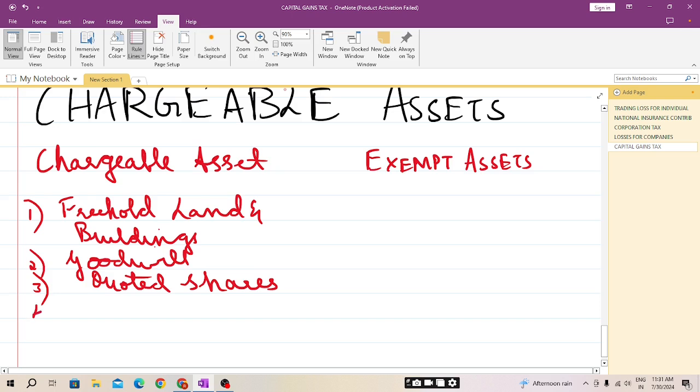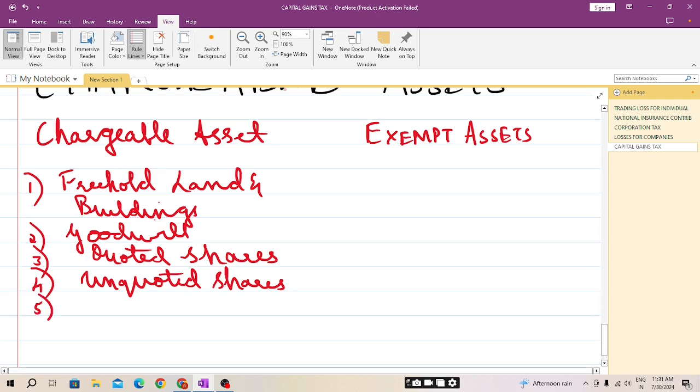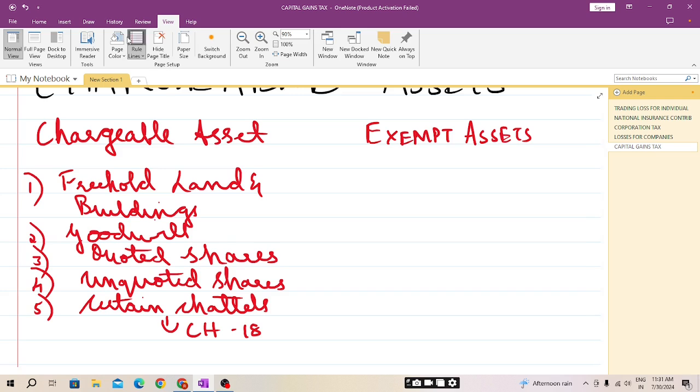Quoted means listed company shares. Unquoted shares of unlisted companies will also be subject to CGT if they are disposed of. Then certain chattels, which we will be covering in chapter number 18 in more detail. These are the list of chargeable assets.